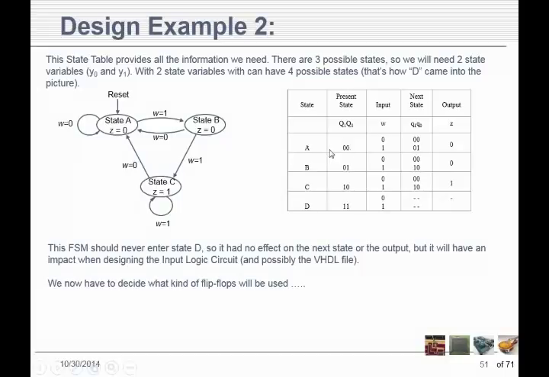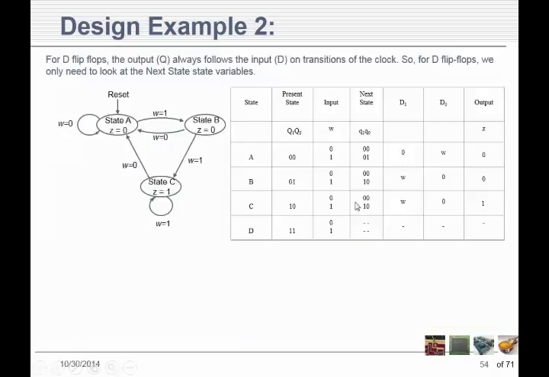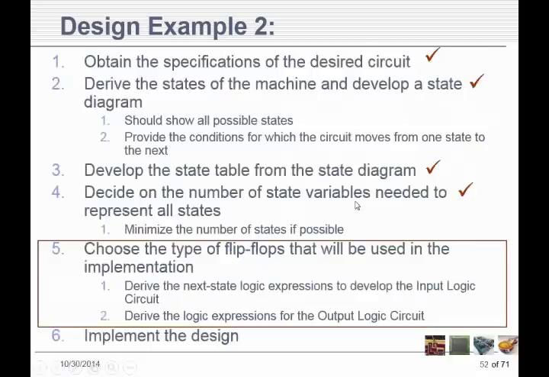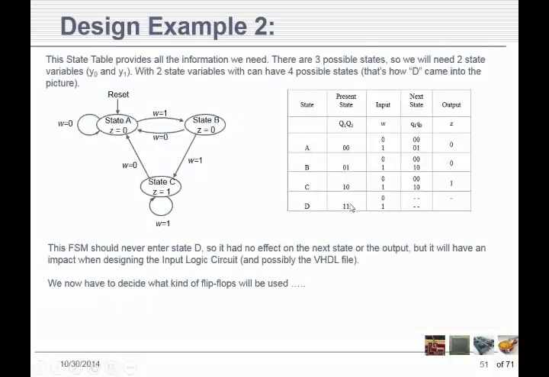So if we're in state A and that's 0, 0, you could put 0, 0 up here if you want, and the input is 0, we stay in 0, 0. If the input's a 1, we go to state B. We've assigned a 0, 1 to state B. I think later on I will end up switching these two, C and D, because there's an opportunity for a glitch here when 2 bits are changing at once.